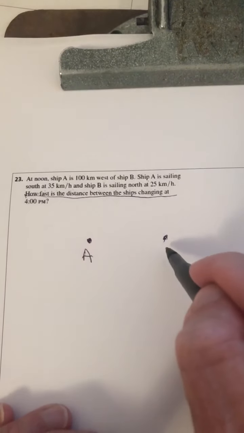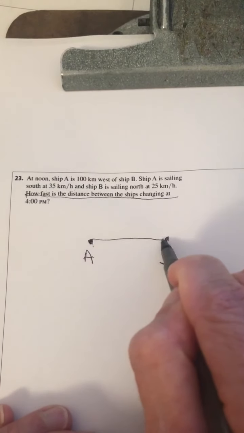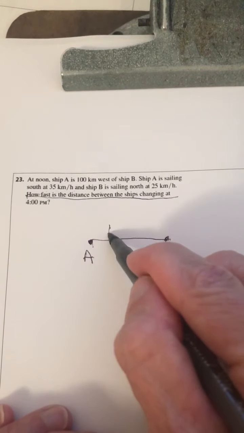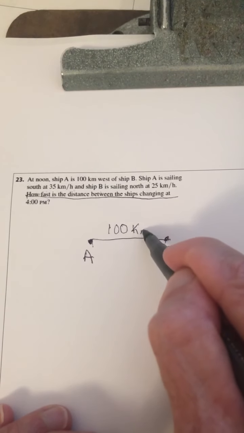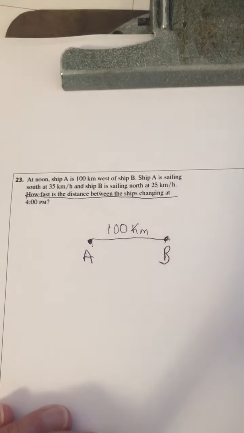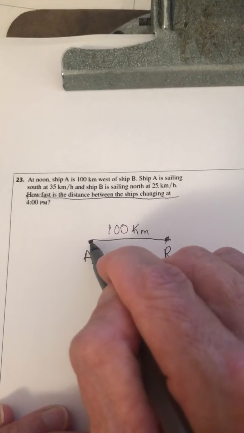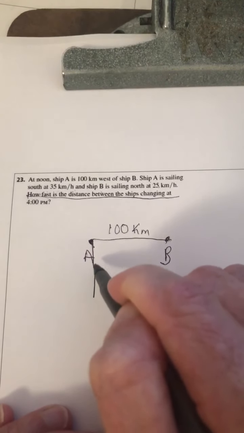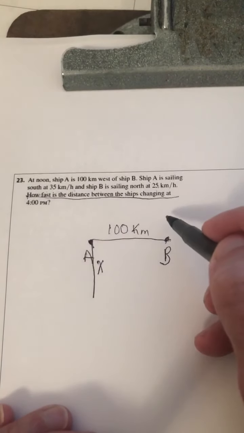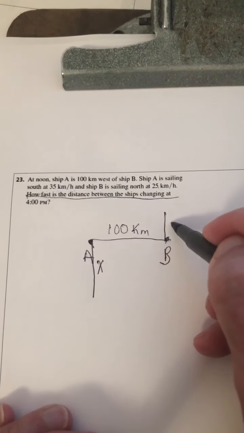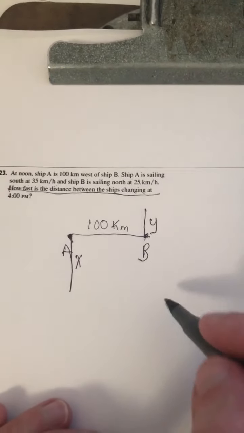So this is the initial situation. Ship A is 100 kilometers west of ship B. Ship A is sailing south. Ship B is sailing north. So what I'm doing right now is I'm introducing variables, right?